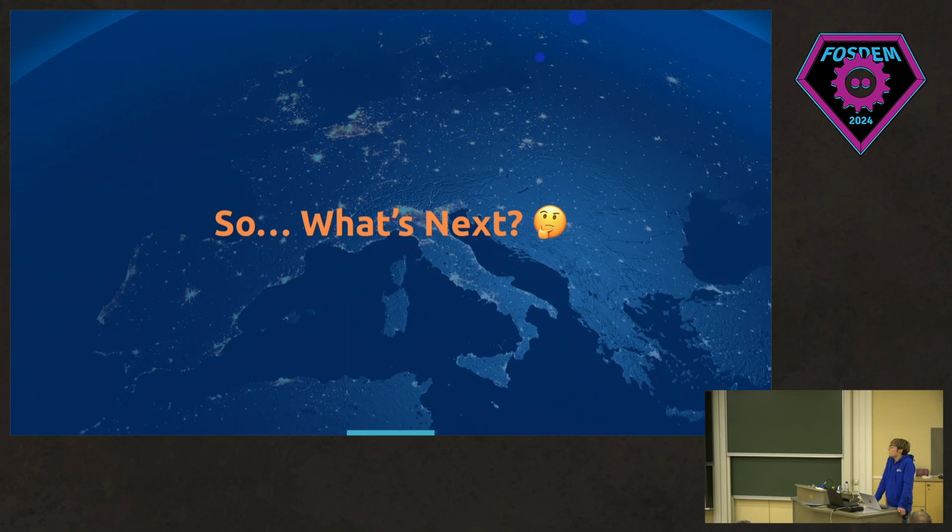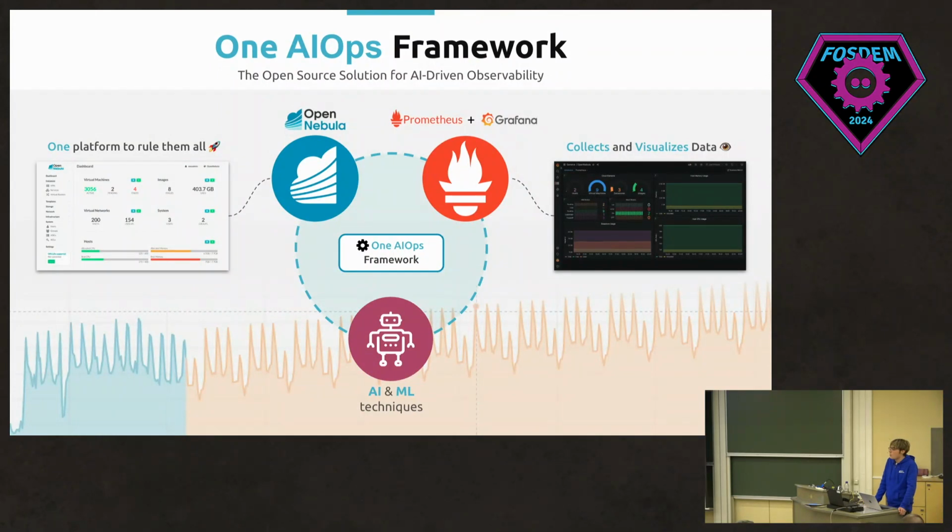So, what's next? How can we address all these challenges? The answer is the One AIOps framework, the open source solution for AI-driven observability.